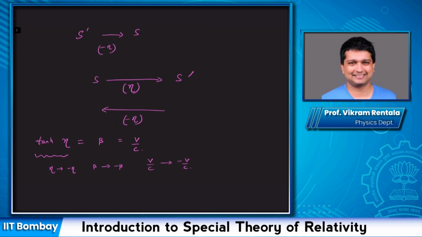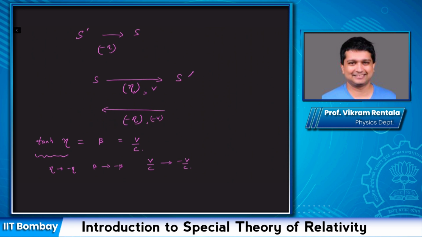So that means if I used a parameter v to go from S to S prime, I would use a parameter minus v to go from S prime to S.